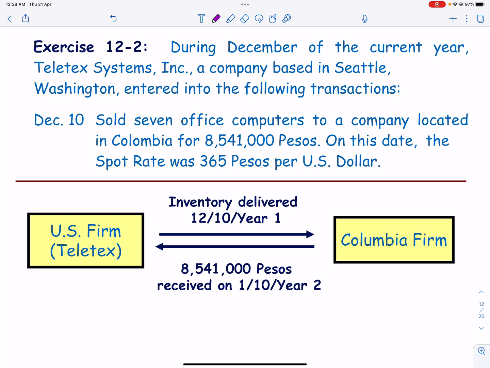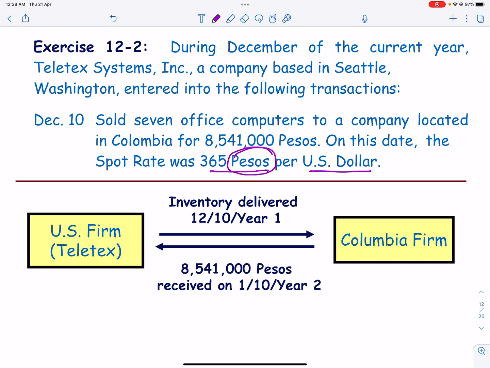On this date, the spot rate was 365 pesos per dollar. So Teletext Company, a US firm, sold goods to a Colombian firm. As a result, the Colombians are going to pay the US firm, but they will be paying in pesos and not in dollars, a foreign currency for the American firm.